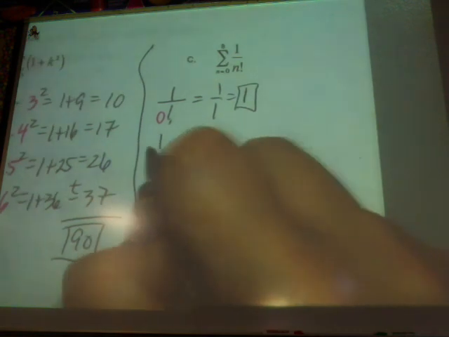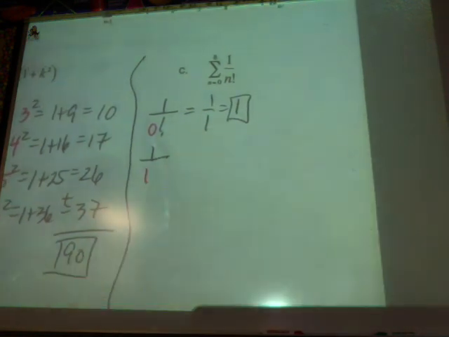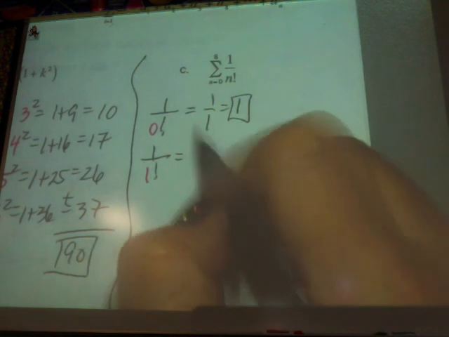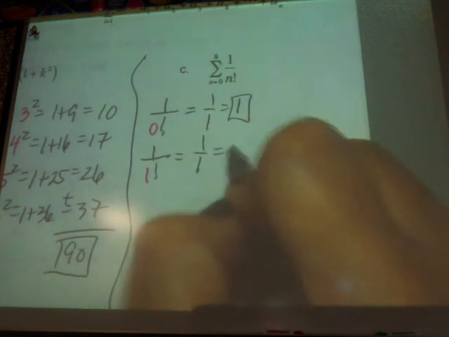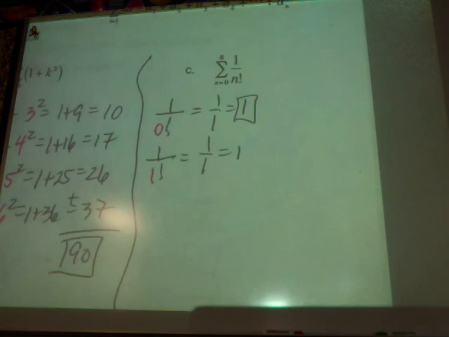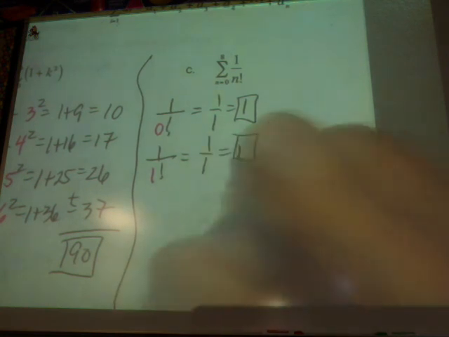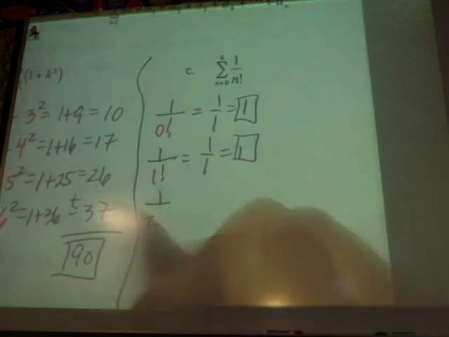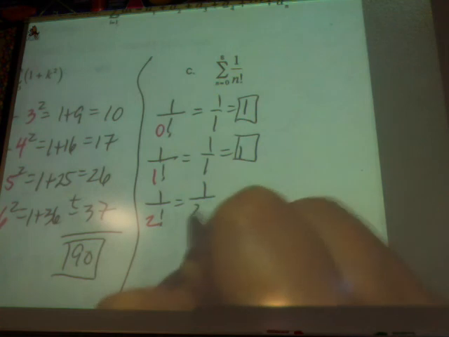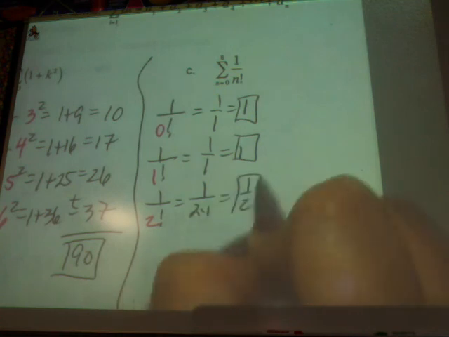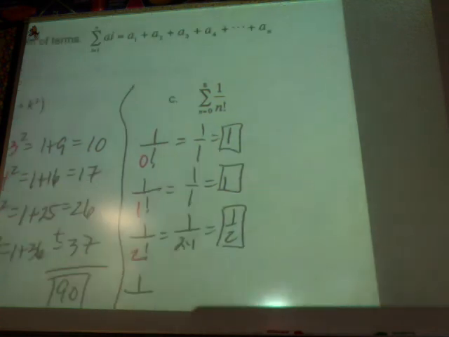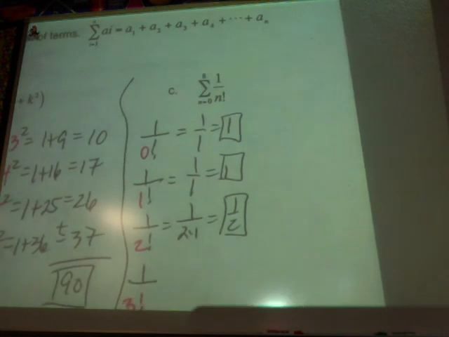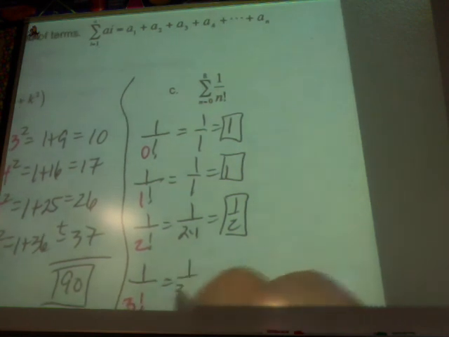And then 1 over 1 factorial, which is 1 over 1, which is 1, right? There's 2. And then we have 1 over 2 factorial, which is 1 over 2 times 1, which is 1/2. 1 over 3 factorial, which is equal to 1 over 3 times 2 times 1, which is 1 over 6.